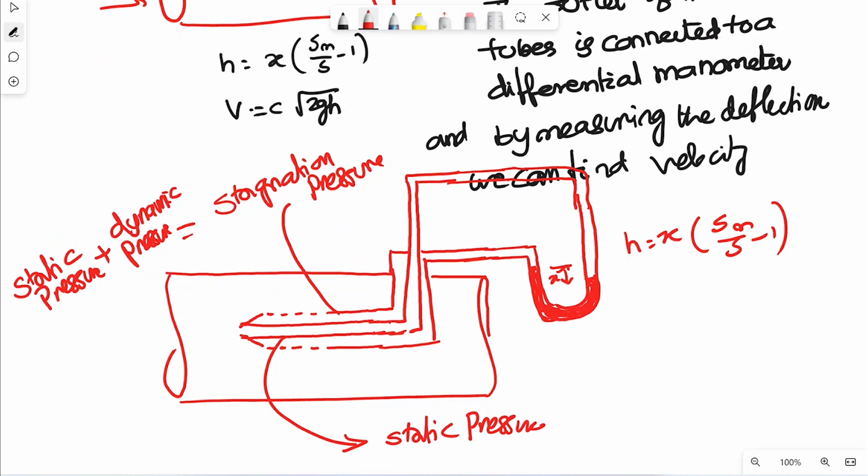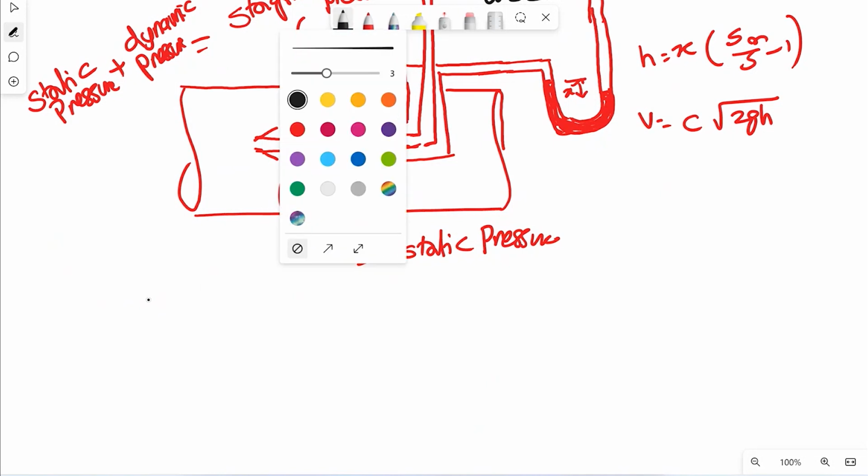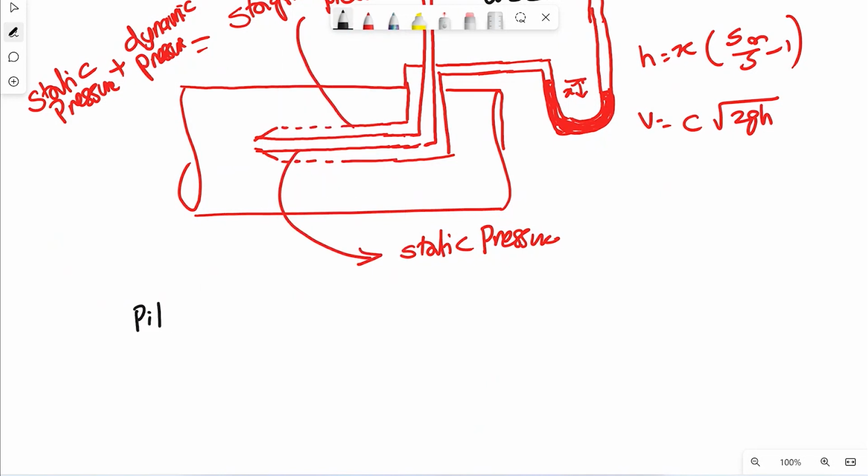Using this, finally you can find out V is equal to C root 2gh. So finally, I wish to conclude this chapter with some points.